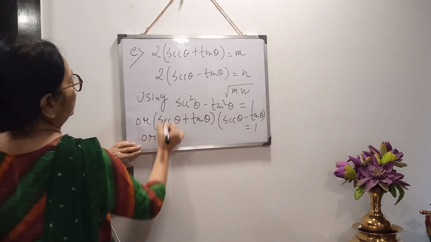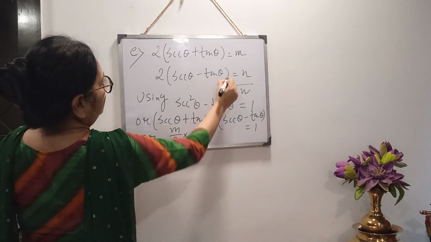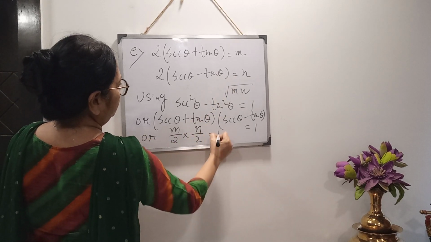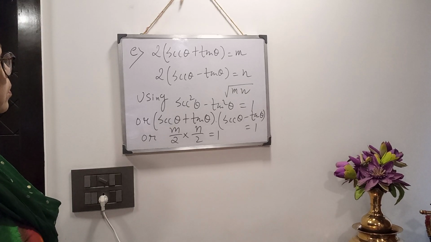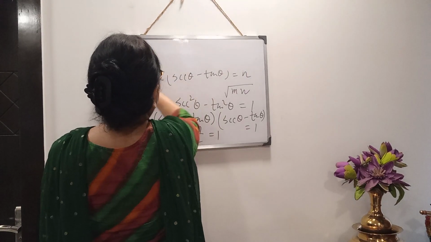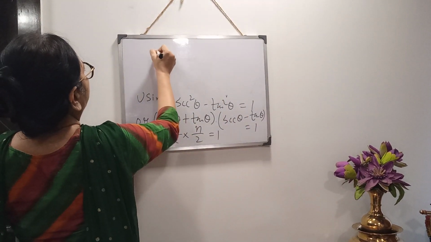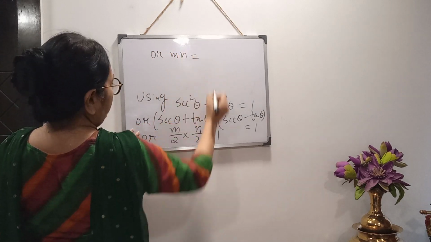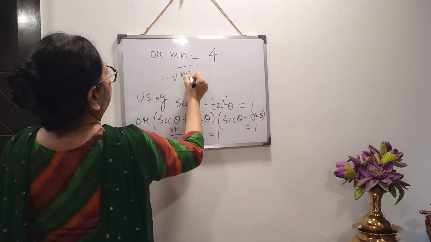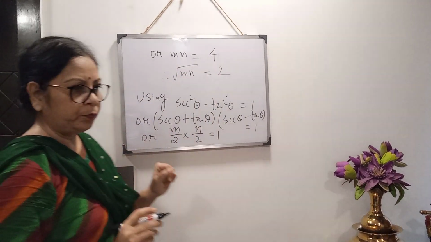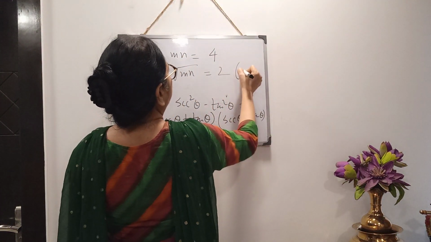Now sec theta plus tan theta means m by 2, and here n by 2, equals 1. So now multiply, mn equals, we are getting 2 2s are 4, then cross multiply. Therefore, root over mn will be 2. I think this option is there. Yes, number 4. This is the correct one.